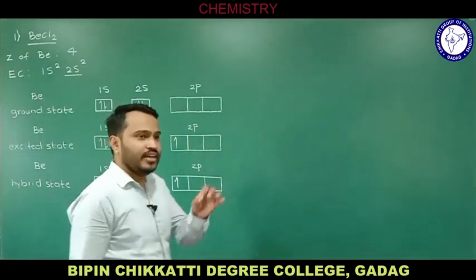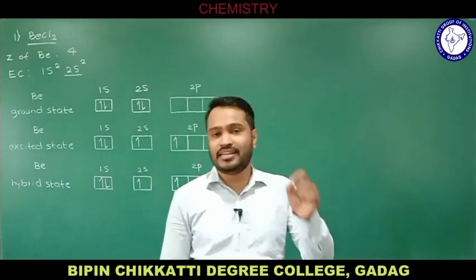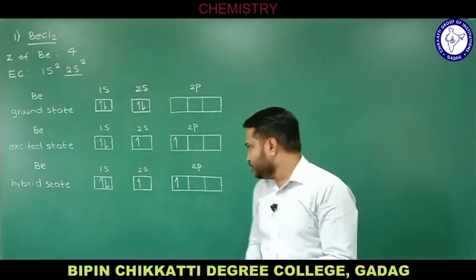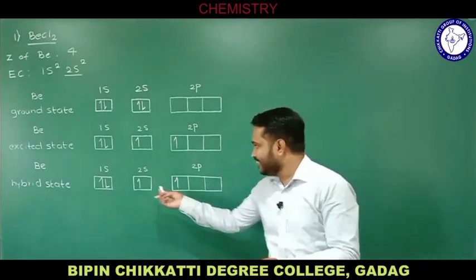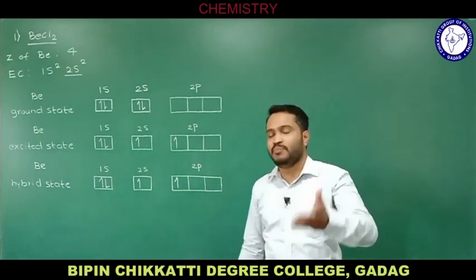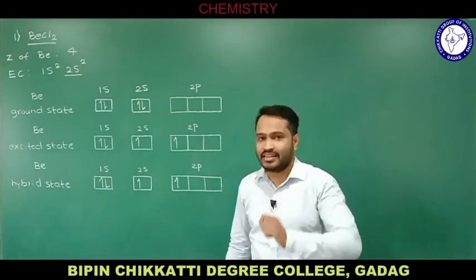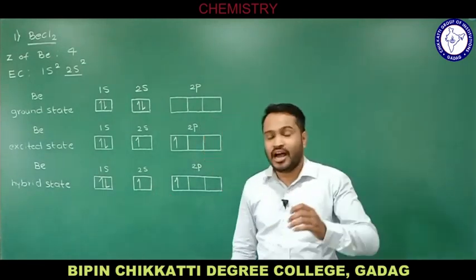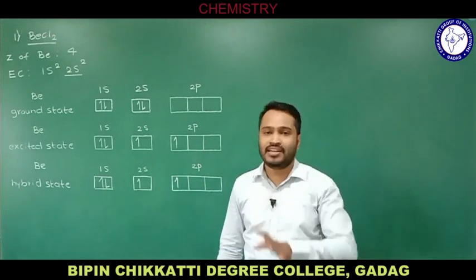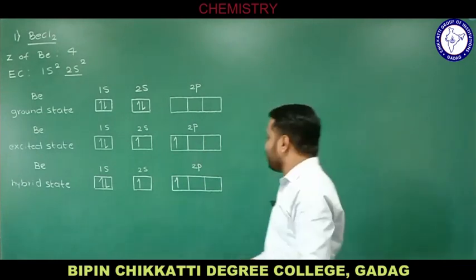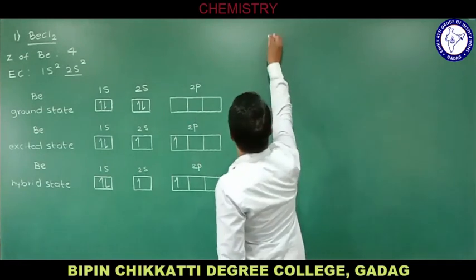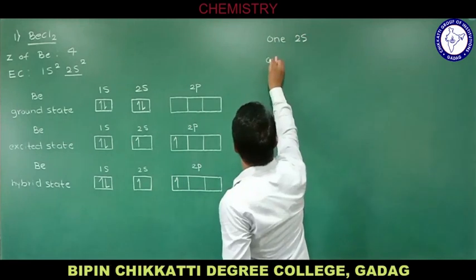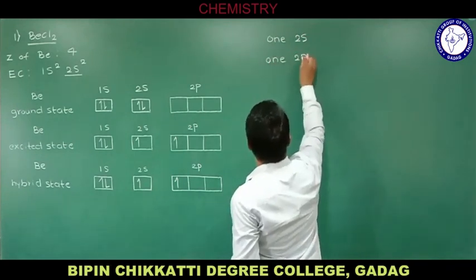As I mentioned, in hybridization there is intermixing of atomic orbitals of different energy. So we have 2 atomic orbitals, one is 2s and one is 2p. Of course the shape is different and the energy is also slightly different. There will be intermixing of these two, so that hybrid orbitals of equivalent energy are produced. We have one 2s atomic orbital and one 2p atomic orbital.